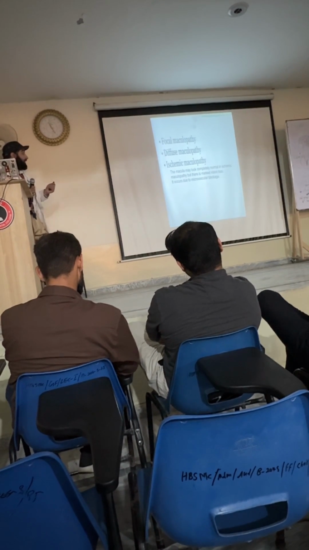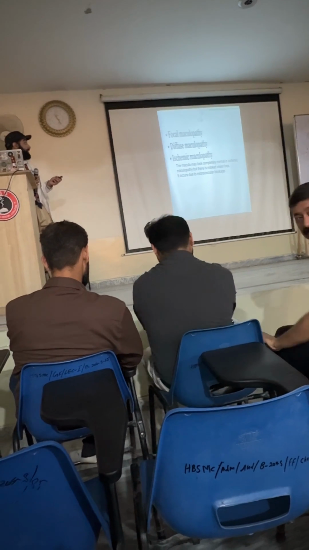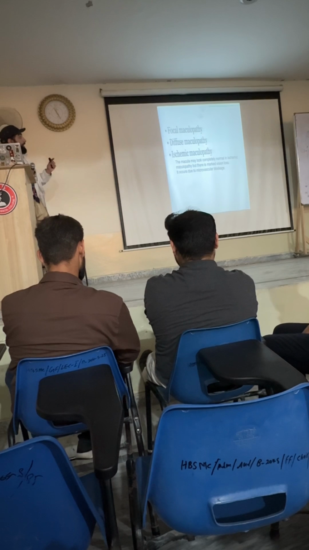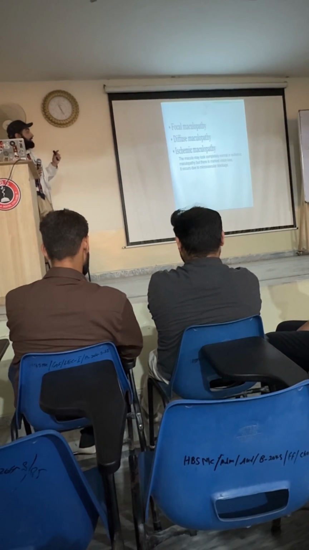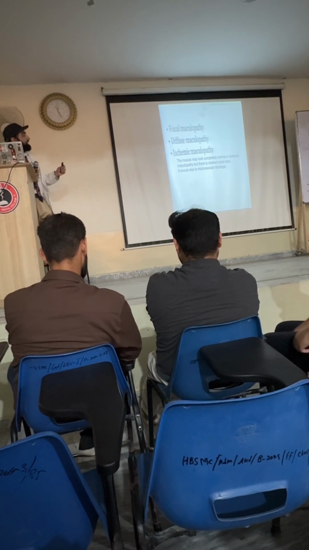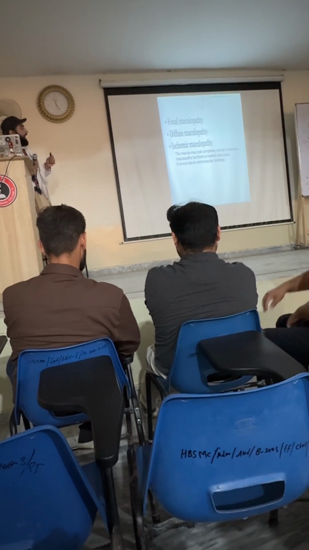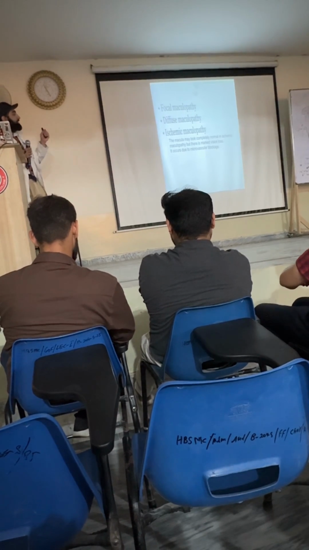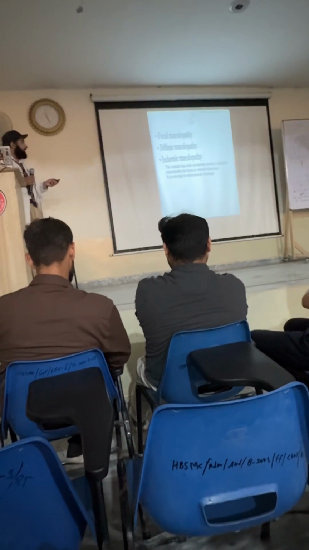And why does that occur? It occurs due to microvascular blockage. So this is what I am trying to highlight here: in ischemic maculopathy, the macula seems normal, but it is not, and the patient is still complaining of marked vision loss. It is due to the microvascular blockage occurring inside the eye.